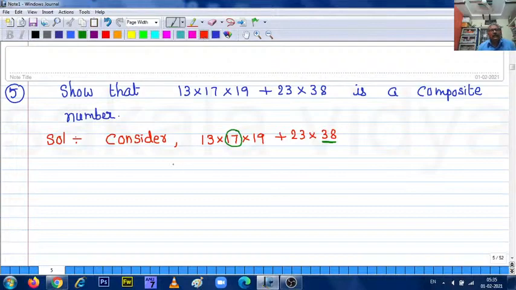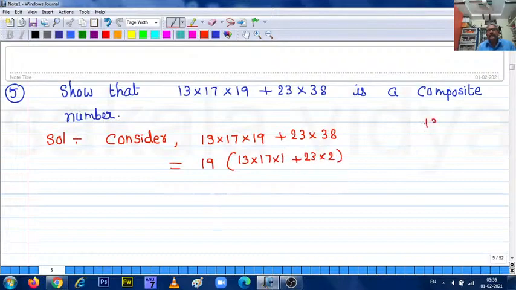So this is equal to, we can write 17 common, 13 into 1 into 19 plus 23 into, sorry, not 13, 19 common, you take 19 common. So 19 common, you get like this: 13 into 17 into 1 plus 23 into 2.